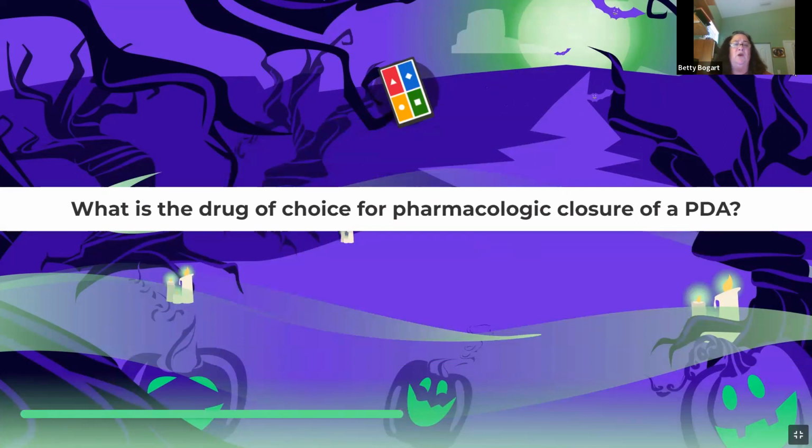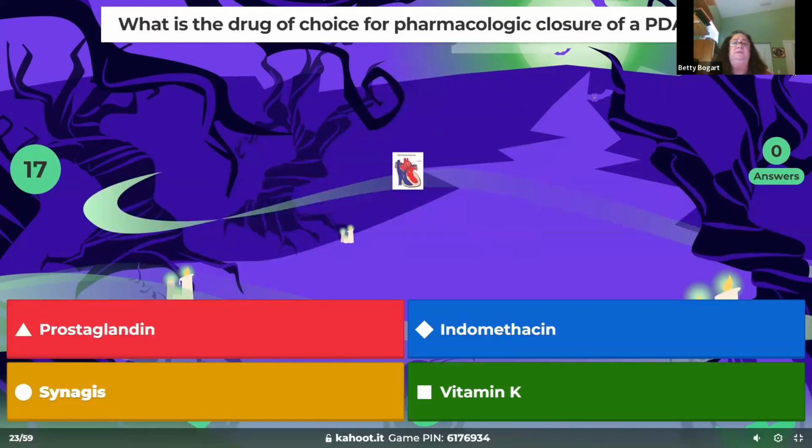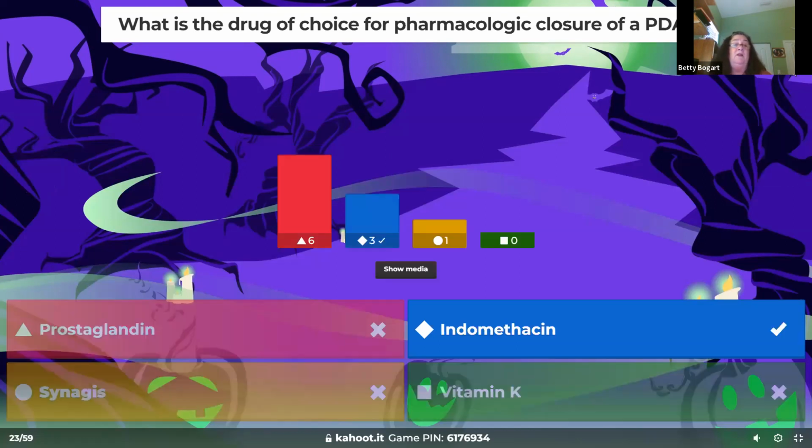What is a drug of choice for pharmacologic closure of a PDA? Patent ductus arteriosus connects the pulmonary artery to the aorta. This allows oxygen in some cases where oxygen can't get to the body.